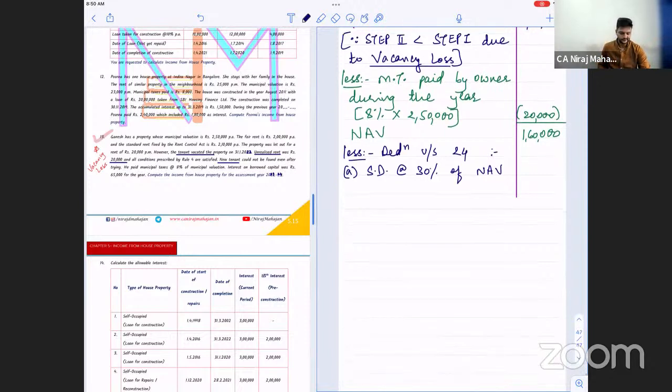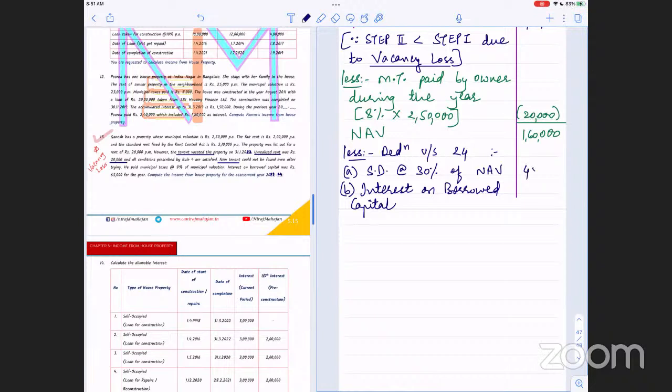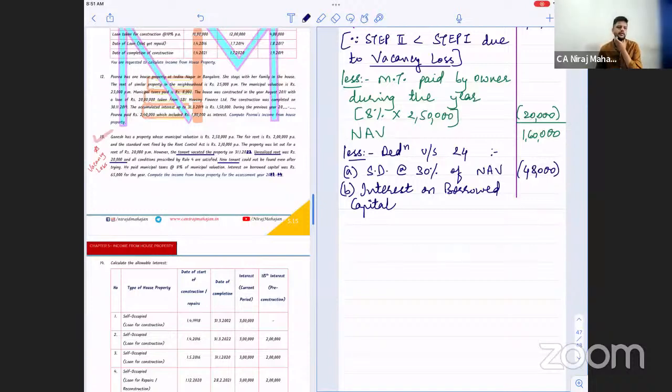And 24B, interest on borrowed capital. So give me the figure. First one is how much? 48,000. 48, no? 16 into 3. And interest on borrowed capital figure is, I think, given to you, 65,000.